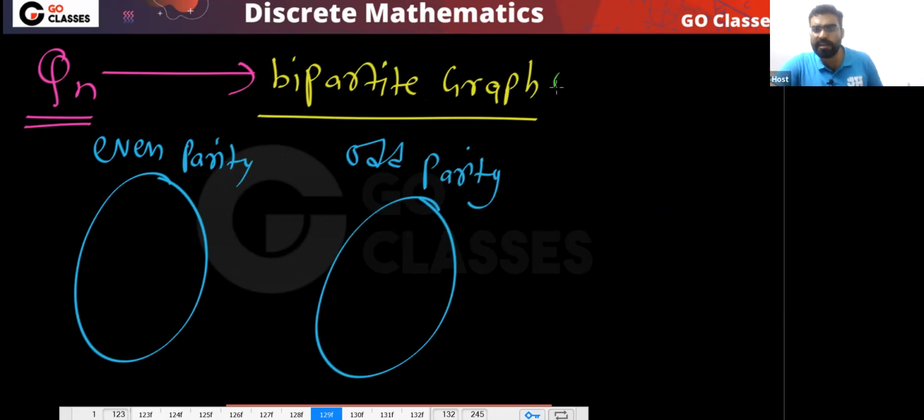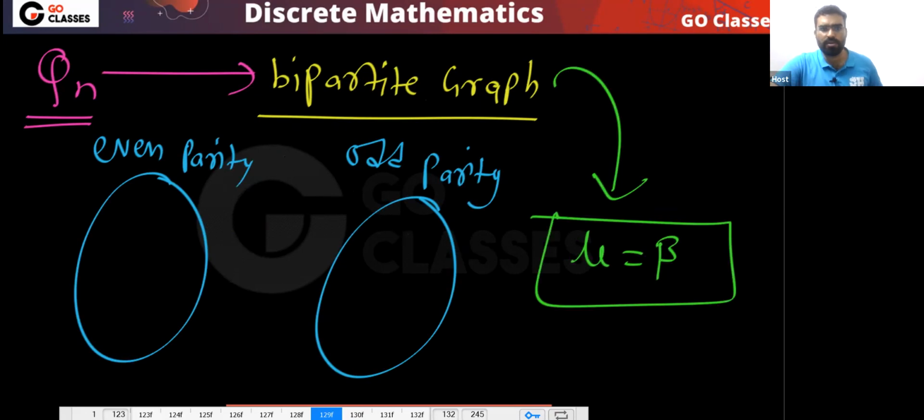Because this is a bipartite graph, what should happen? Mu will be equal to beta. This matching number will be equal to beta. And what is the matching number? Remember, half the vertices are here and half the vertices are here.